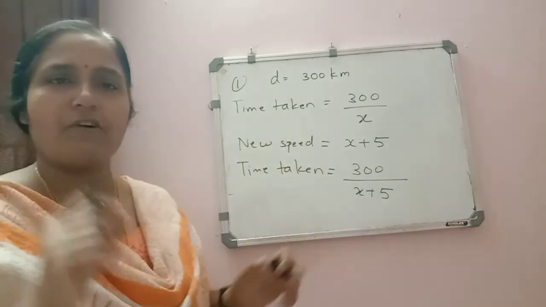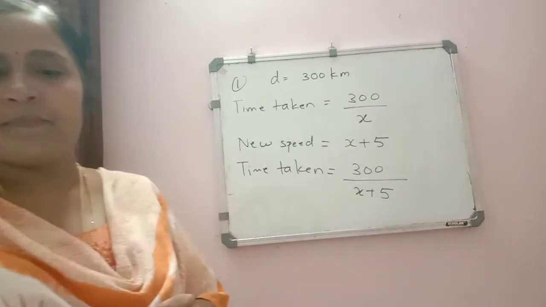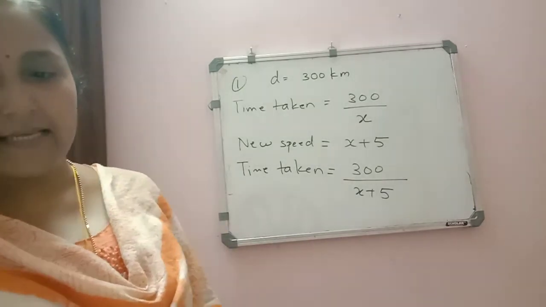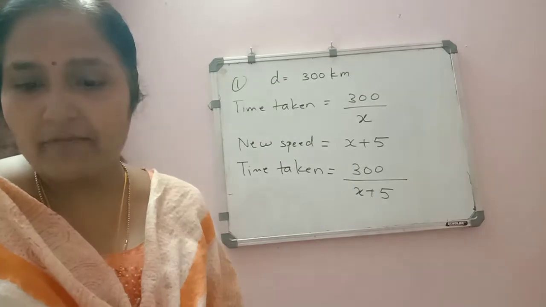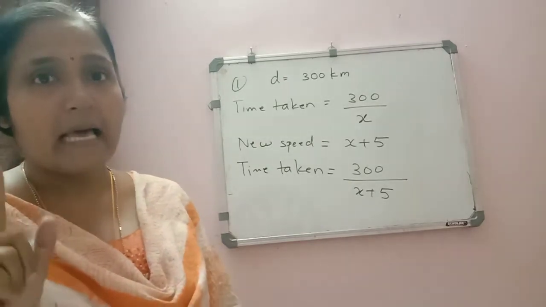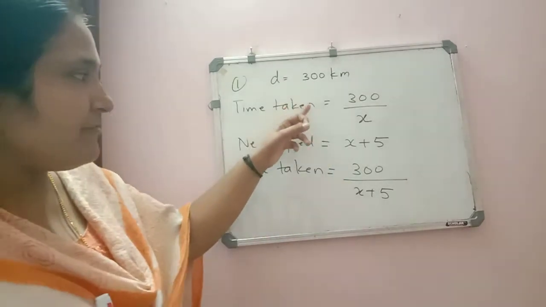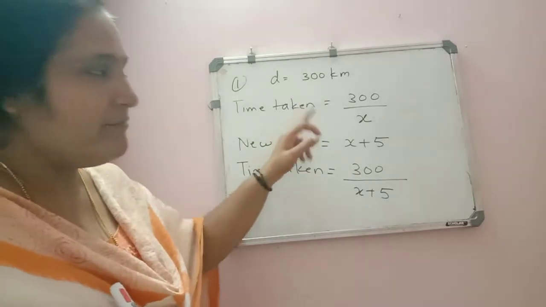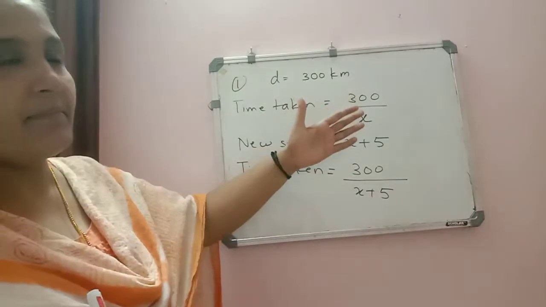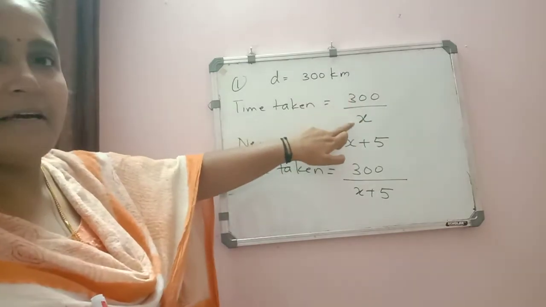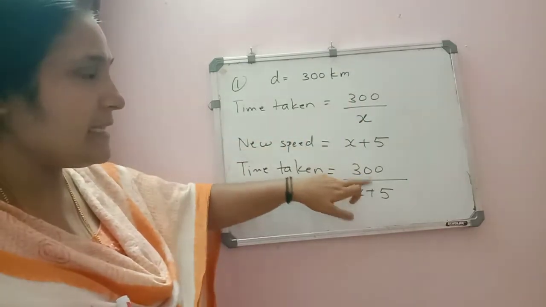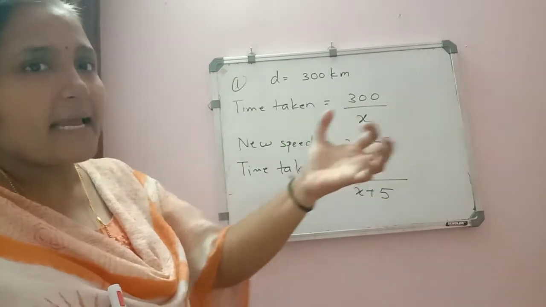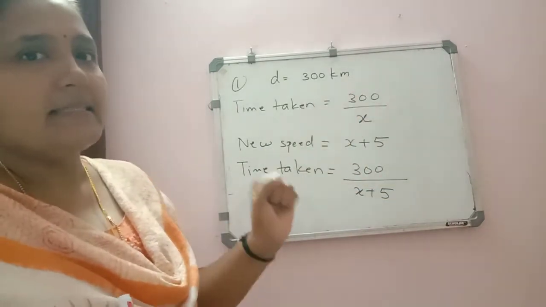Now we will check the information given in the question. It was written, if the speed is increased, the journey would have taken 2 hours less. This means the difference in these two timings is 2 hours. In which case will we take more time? Obviously 300 by x. If we increase the speed, we will take less time to cover the same distance.